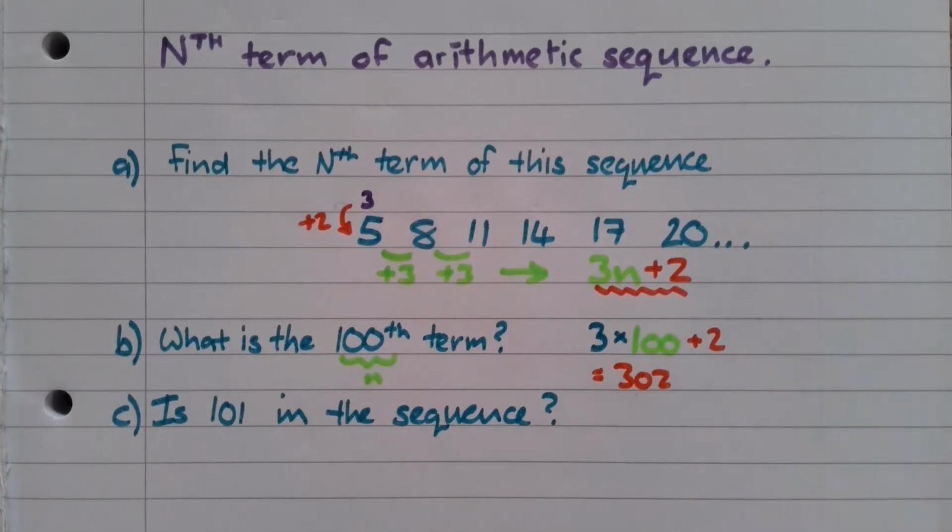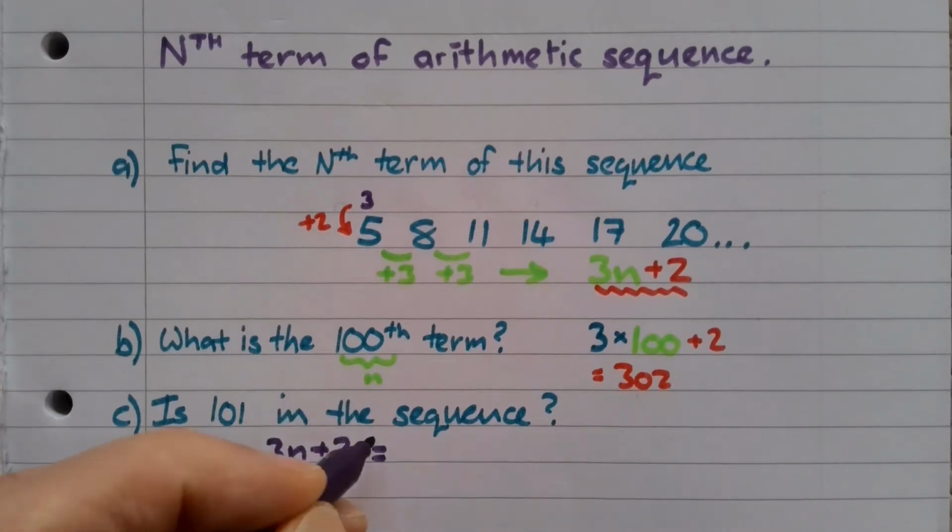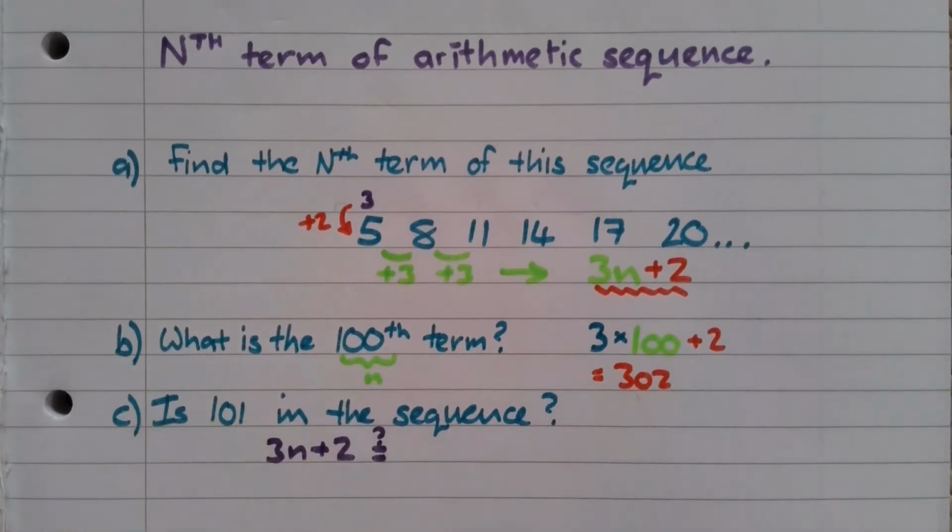It's slightly more complicated. So what I want to do is write down what the rule is. If the rule is 3n plus 2, the question I'm asking is, with the rule, can I make the number 101?